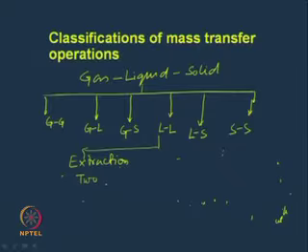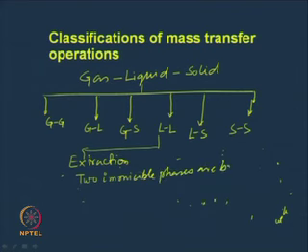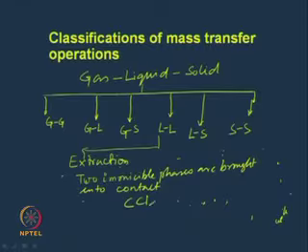For example, if we want to separate acetone from acetone water mixture, two immiscible phases are brought into contact. To separate acetone, we can use carbon tetrachloride, CCl4, as the solvent or another phase to extract acetone.